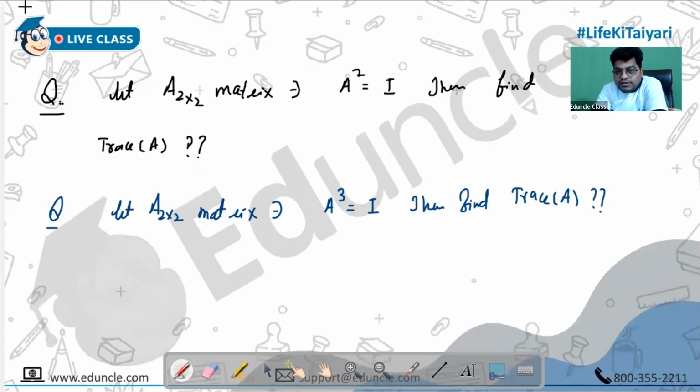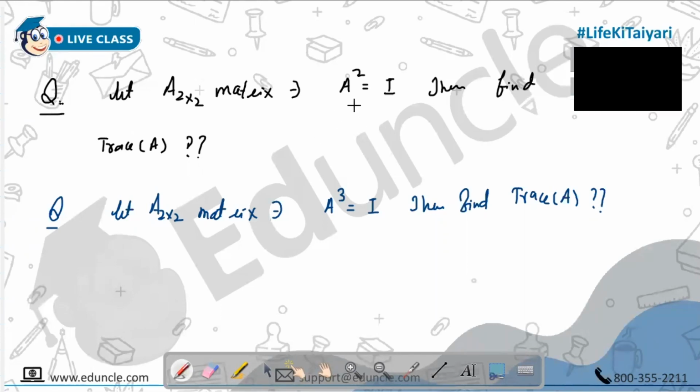A is a 2 cross 2 matrix such that A cube is equal to I, then find the trace of A. Yes. मैं समझ गया तुम क्या कर रहे हो। सर कैन वी से एग्जैक्टली कि यही होगा? हम तो बस पॉसिबिलिटी बता सकते हैं ना। कुछ इसमें राज है, there is something hidden, so that's why I am going to discuss.